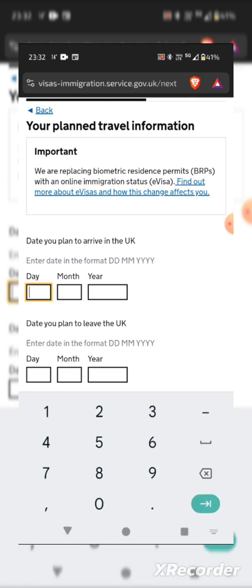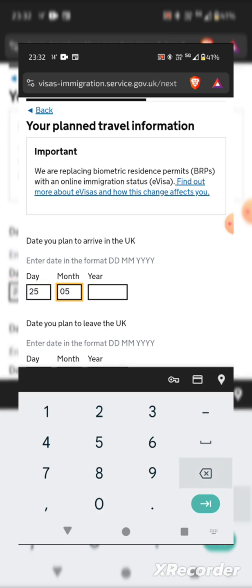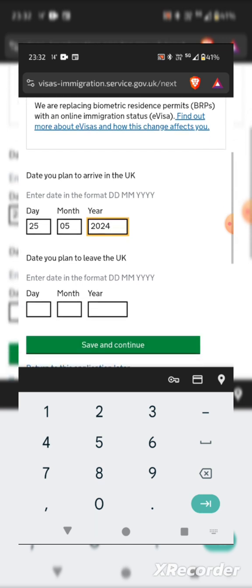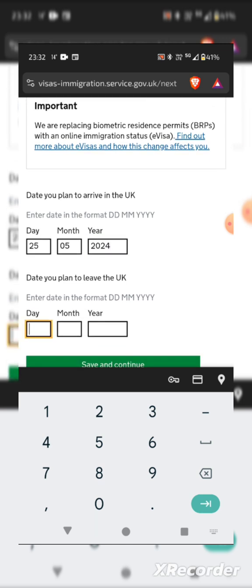Make sure you put the date. It's really, really very important because this date also has to match your travel itinerary, the itinerary that shows when you enter the UK and when you leave the UK.